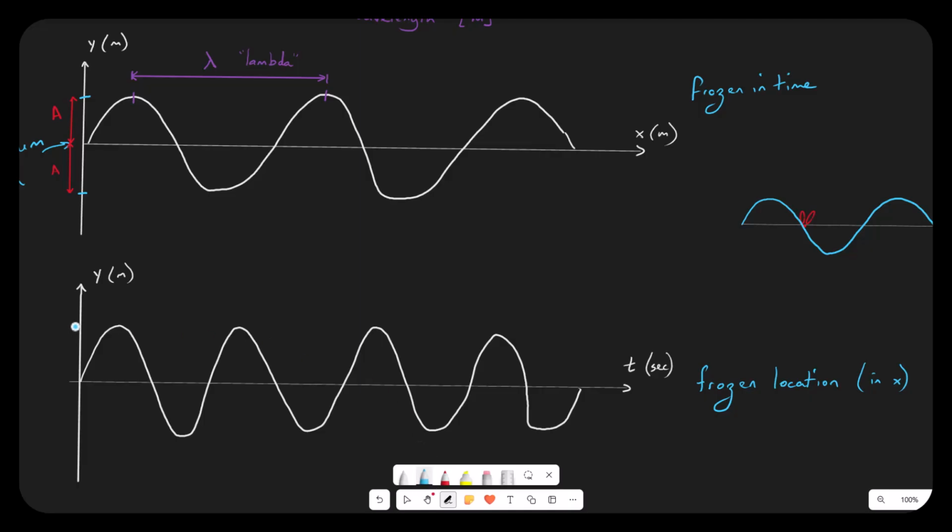This wave still lives between the positive and negative amplitude because my y-axis hasn't changed. So nothing that I measure on the y-axis should be changing. However, I changed what my x-axis, what my horizontal axis is. It's no longer x, now it's t.